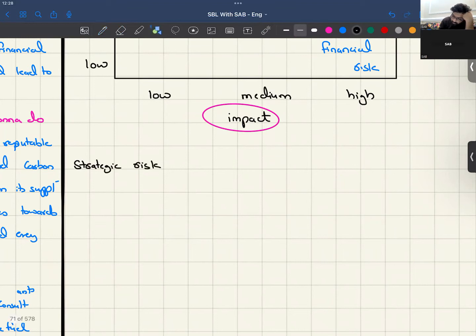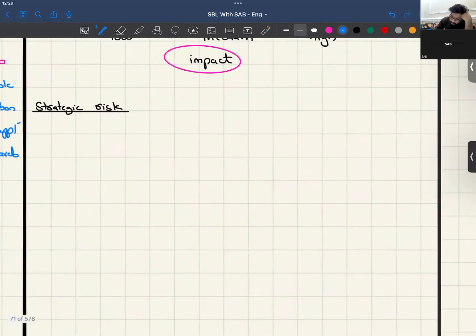Strategic risk, here it goes. What are the strategic risks? The competition you are facing, the product that you have been offering, and the competitors are offering the same product.